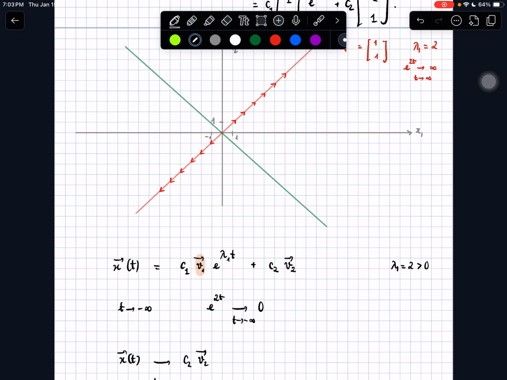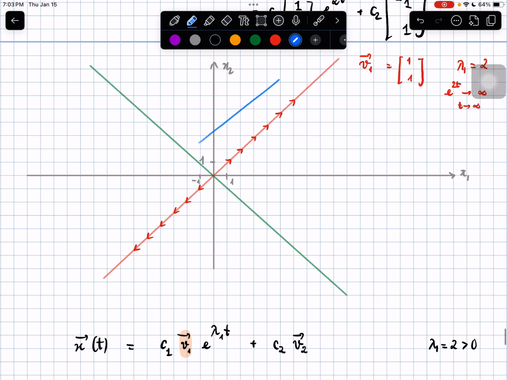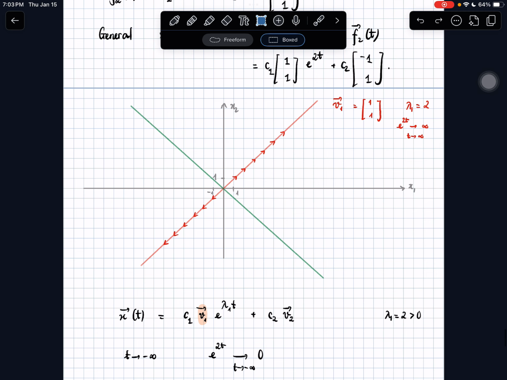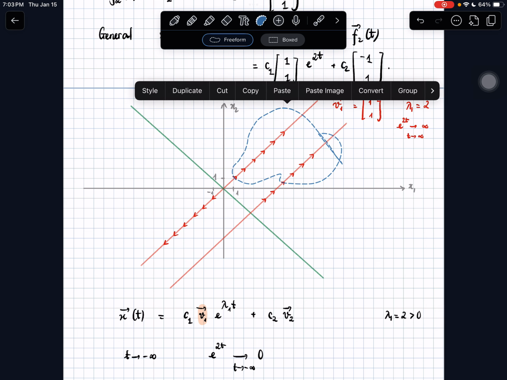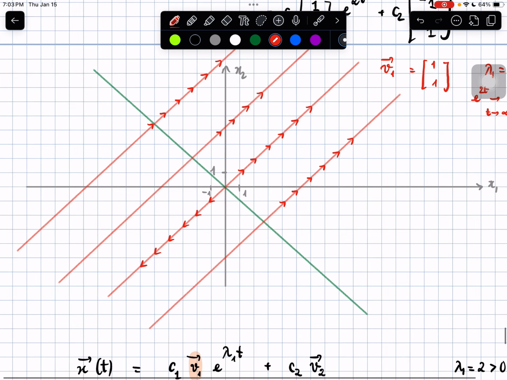Tend to this point. So the picture we see looks like this. I can just copy this line. It would look like this. Now we have the other side, going off to infinity on the other side.